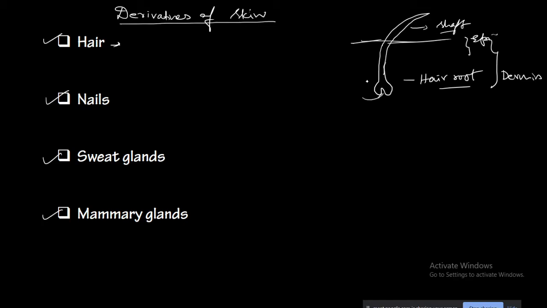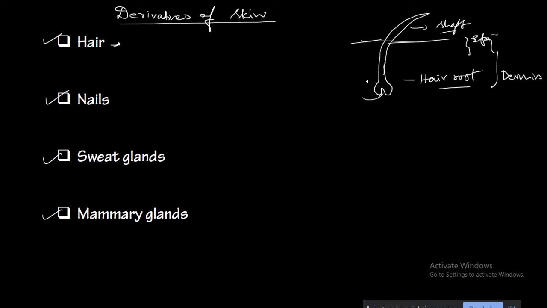Sometimes when there is a lot of fear or some kind of cold, we feel that the hairs are standing. That is known as goosebumps. That is because of muscles.